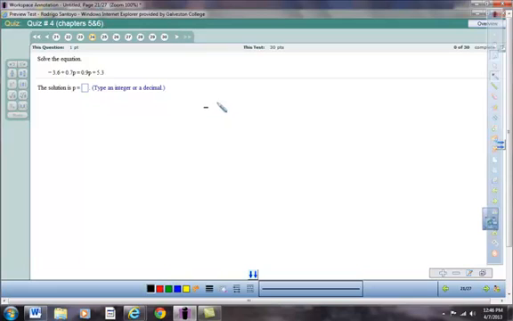And here we are solving. We get negative 3.6 plus 0.7p equals 0.9p plus 5.3. We have p on this side, p on that side. We need it on one side, so I'm just going to subtract 0.7p first from both sides, because I'm going to cancel it from the left side.